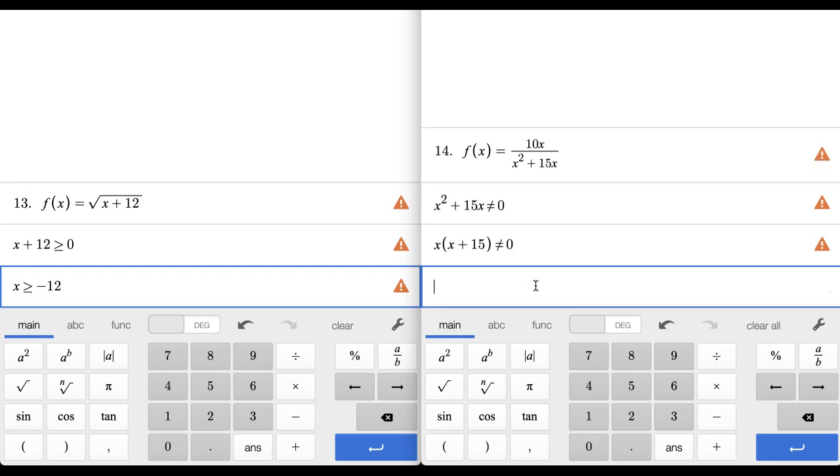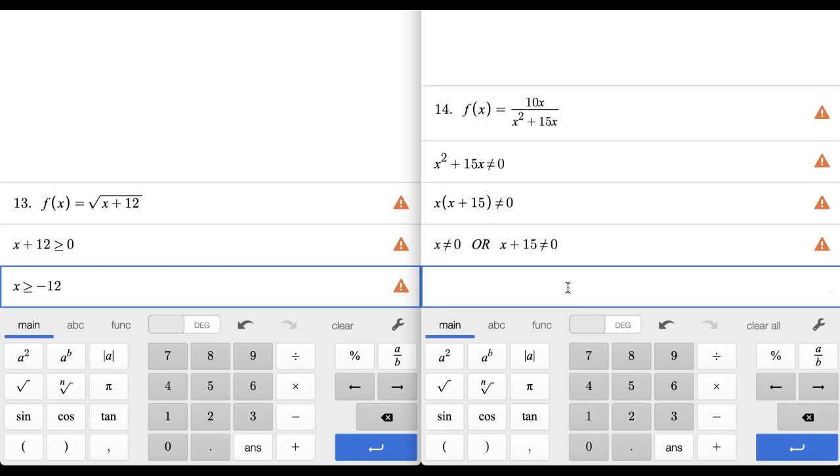Either x does not equal 0, or x plus 15 does not equal 0. You're solving this the same way as if this is a normal equal sign. It's a restriction now, so we leave it as the does not equal. But you're going to get x does not equal 0, or x does not equal negative 15.